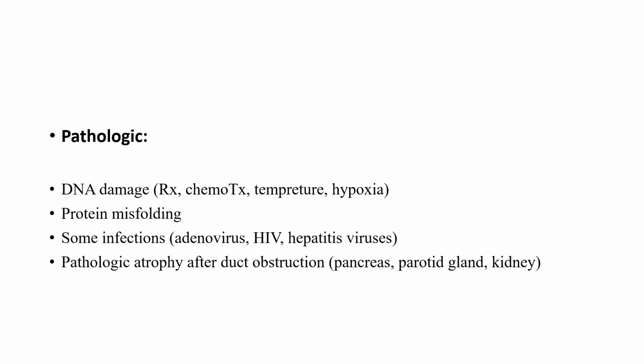Pathologic atrophy after duct obstruction يعني مثلا البنكرياتيك ducts أو الباروتيد جلاند اللي هي من الغدد اللعابية، أو الكدني ducts الحالبين اليوريترز، أي مكان فيهم فيه ducts وبصير انسداد في هاي الducts by a stone for example حصوة، ممكن يؤدي إلى atrophy of the corresponding organ. مثلا انسداد قناة البنكرياس راح يؤدي إلى atrophy في البنكرياس، وبرضه death of the cells by apoptosis. فهذول كلياتهم أسباب pathologic causes for apoptosis.